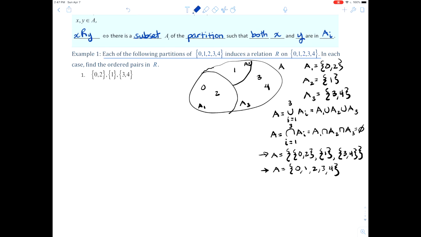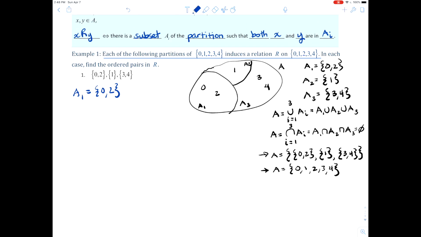Good so far? So our job here is just to find the ordered pairs that are in the relation. Starting out, we're going to look at our partition set A1, which has 0 and 2 as elements. So there's 2 elements in here.